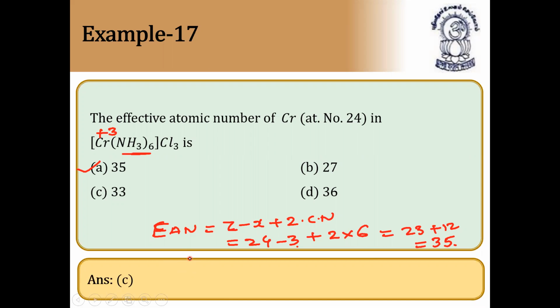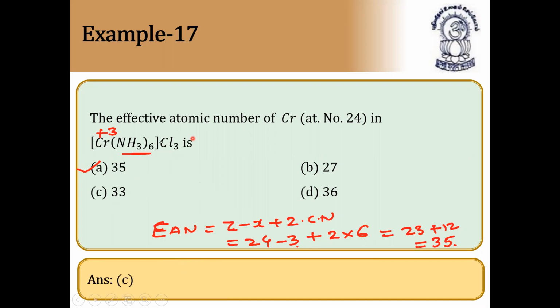But they have given the third option, which is quite wrong because the oxidation state of chromium is +3 definitely. So this is 35 only, because 24 is the atomic number of chromium. So minus 3, oxidation state of central metal atom is minus 3 plus 2 into 6. Why?